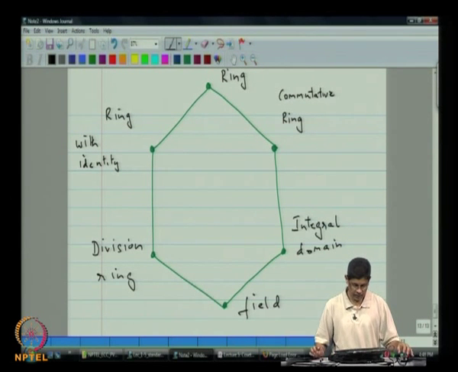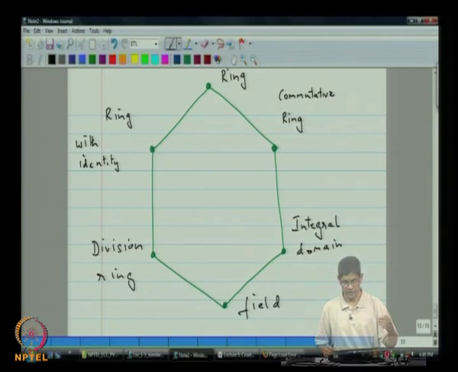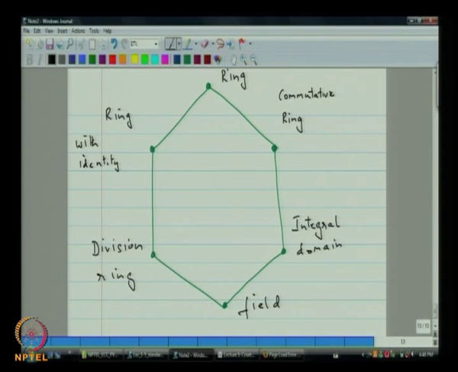So, in some sense there is a progression of properties as you go from top to bottom, and you can progress from being a ring to becoming a field if you possess certain properties.